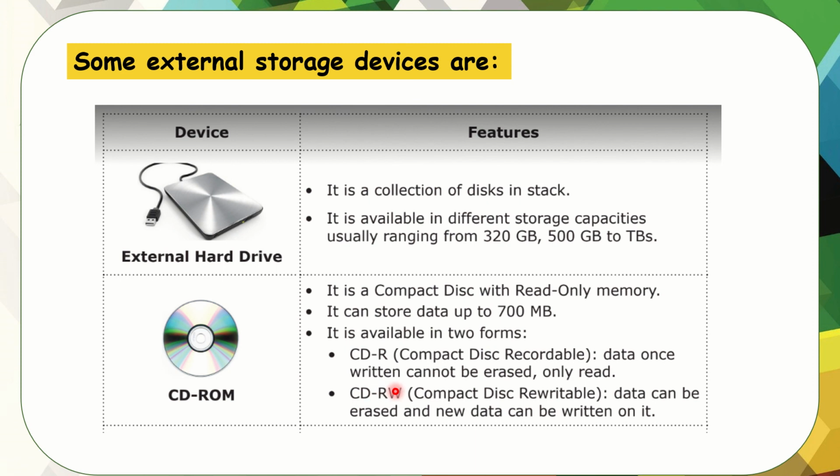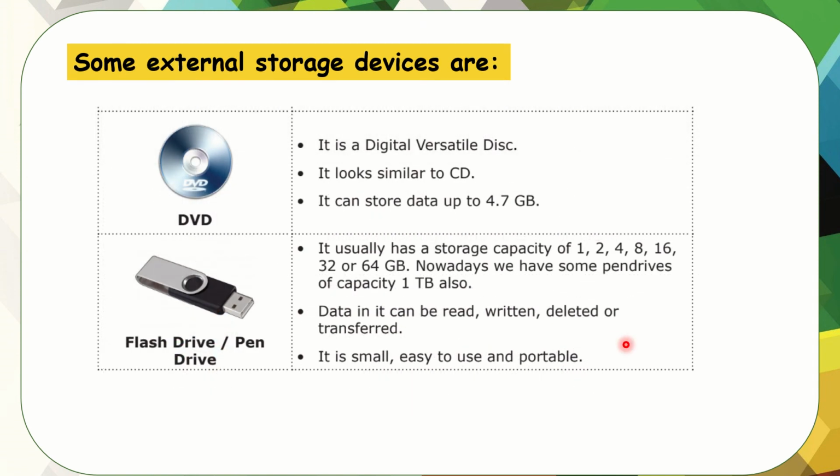Once the data is written, it cannot be erased. But RW is for rewritable. If the data is written, you can erase it and rewrite new data on it. Got it? So the difference between DVD and CD is the storage capacity. CD has 700 MB, whereas DVD has the capacity of 4.7 GB.